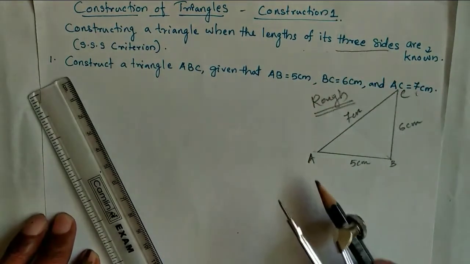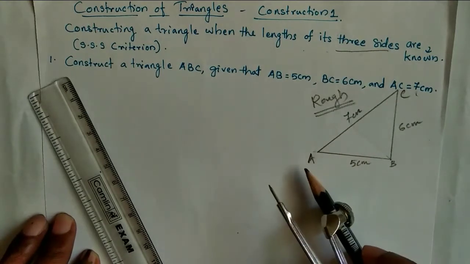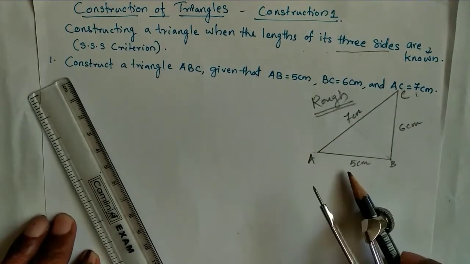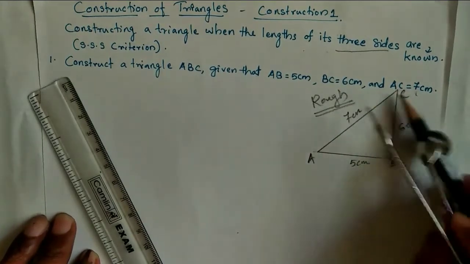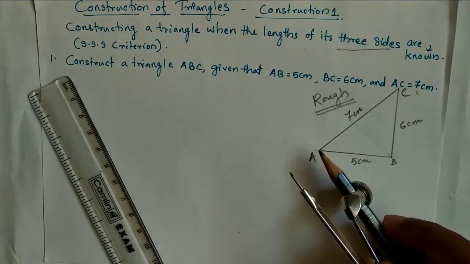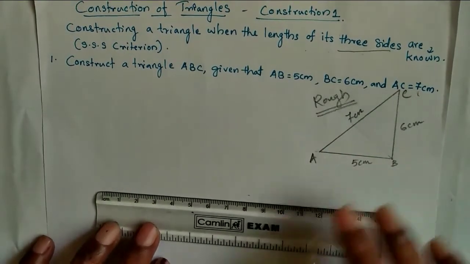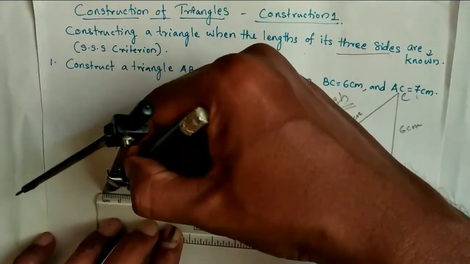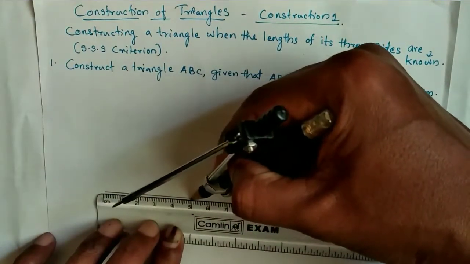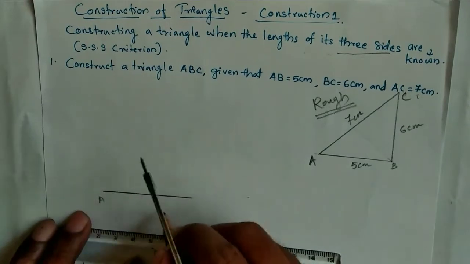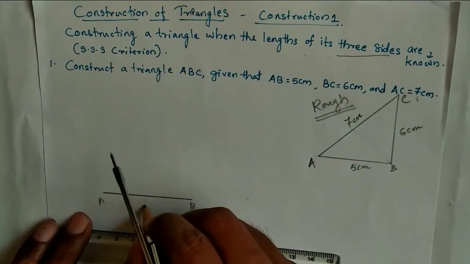So you have to draw a rough sketch of the given measurements. ABC is the triangle with AB 5 cm, BC 6 cm and AC 7 cm in the rough sketch. Then first, take AB 5 cm on your scale and draw a line AB of 5 centimeter.